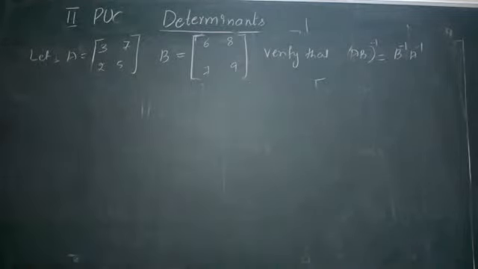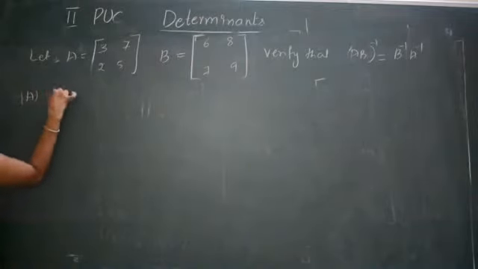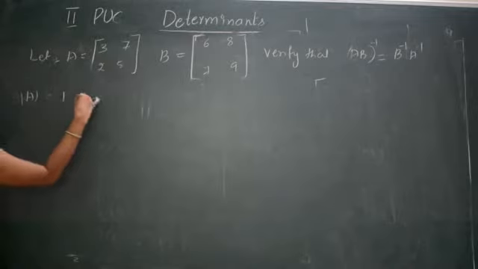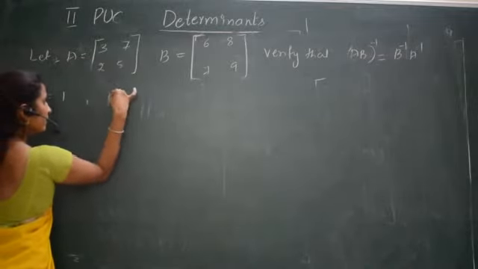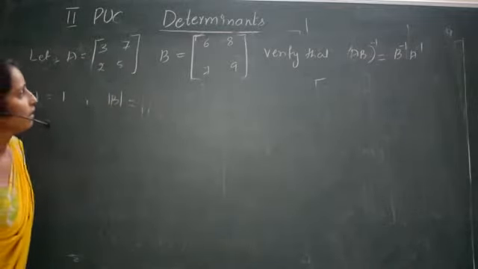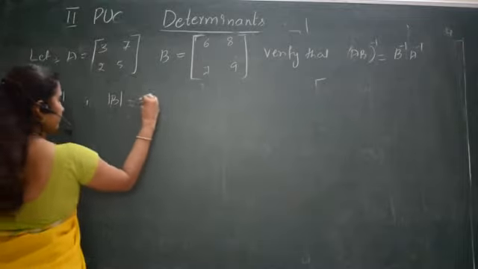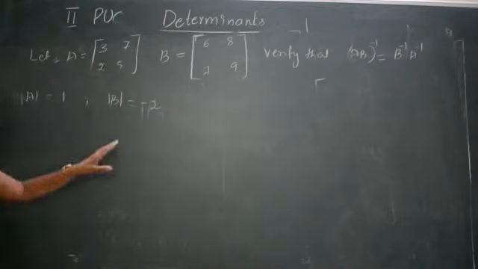For that, first calculate the determinant of A. Determinant of A will be 15 minus 14, which is 1, and determinant of B is 6 into 9, 54 minus 56, which is minus 2. So we got determinant of A and determinant of B.